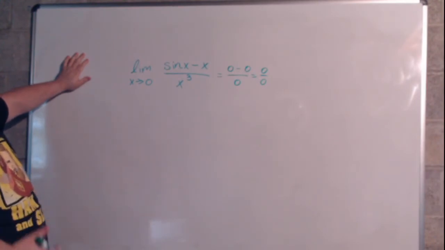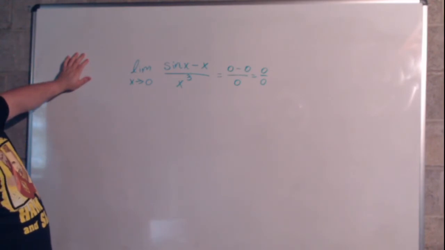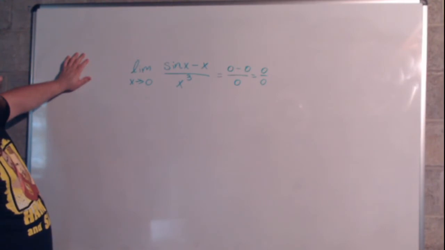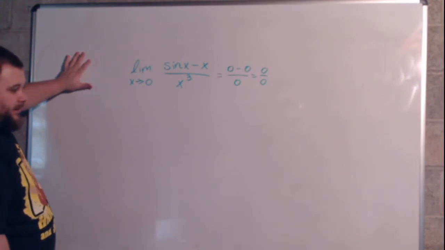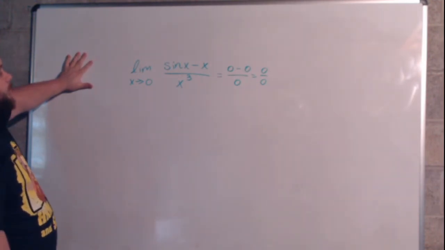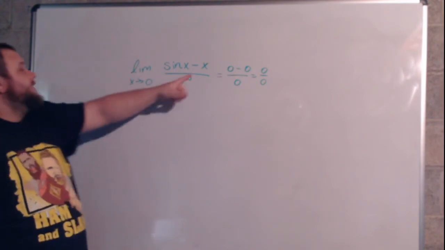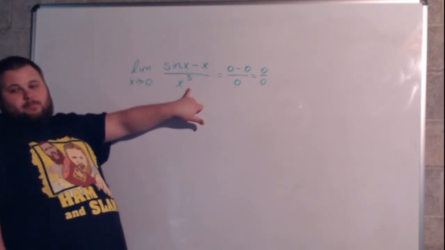So an option here is L'Hopital's rule. But instead, we'd like to go ahead and try to do an approximation. So again, power series are polynomial functions, which means I'm going to leave the x and the x cubed alone.